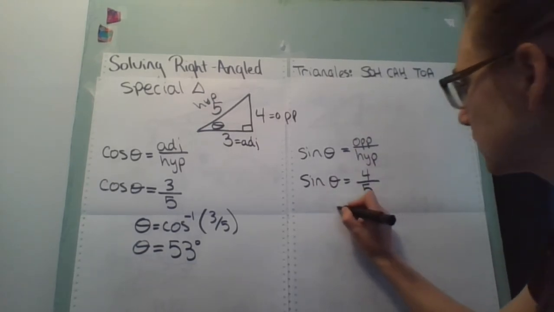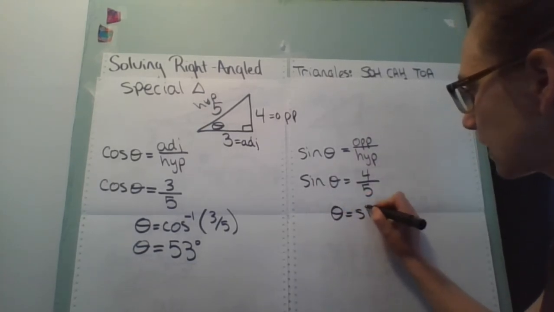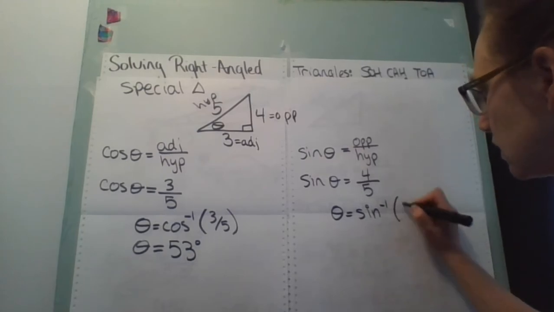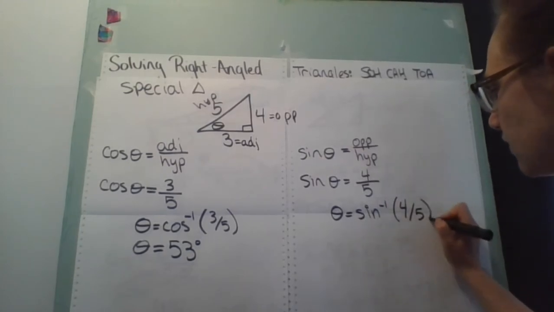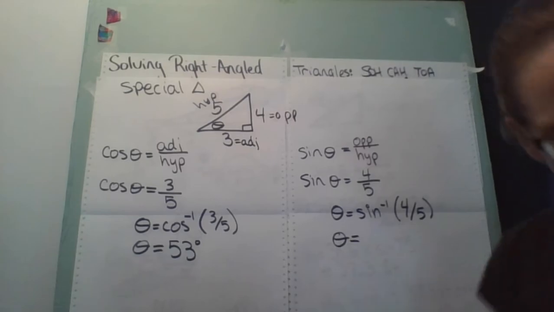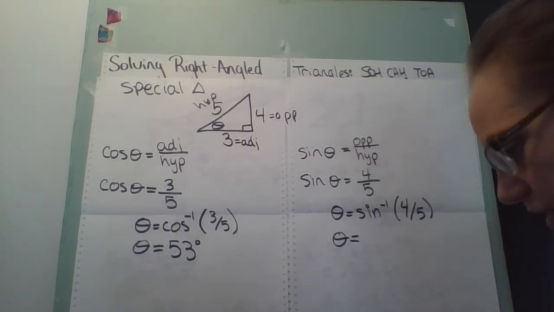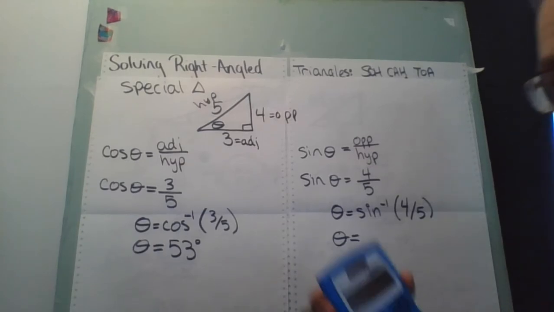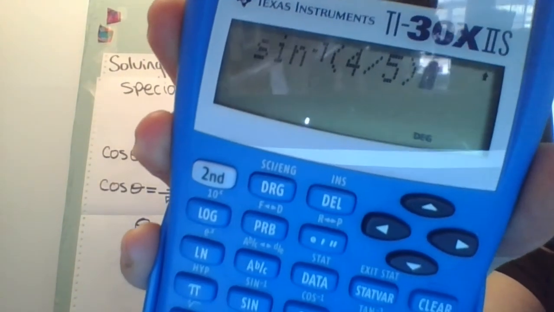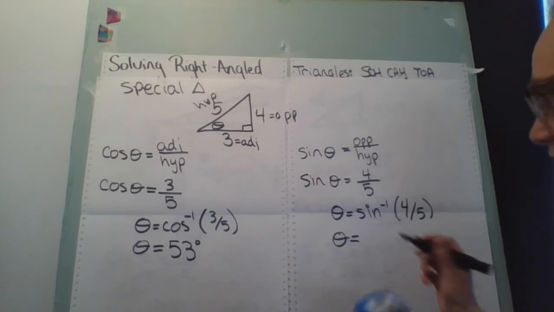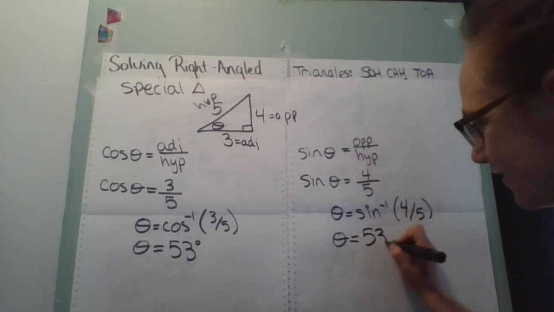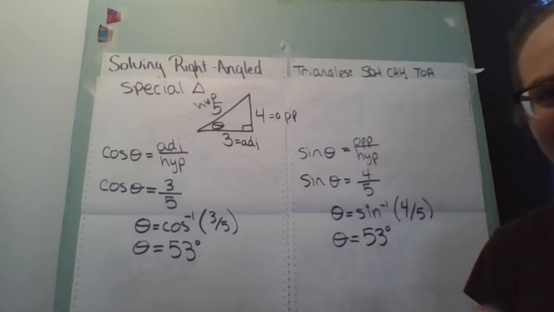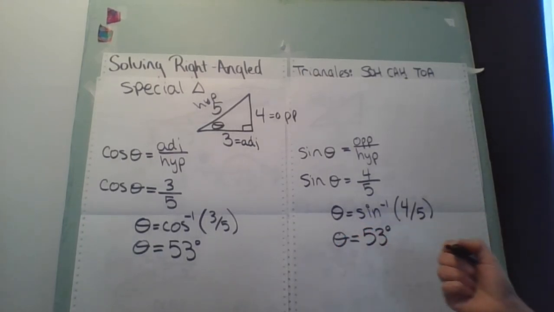Bring your sine to the other side. So this time you're going to do second function sine 4 divided by 5. So if we did it right, we should get the same answer. Second function sine 4 divided by 5, close bracket, right? Enter. Hey, look, we got it right. 53 degrees. Don't you just love when things work out properly? I do.